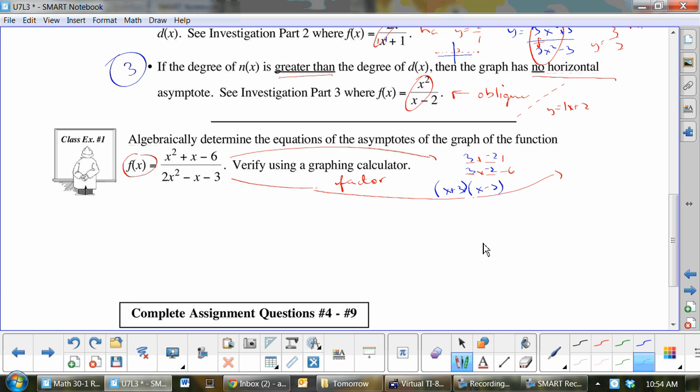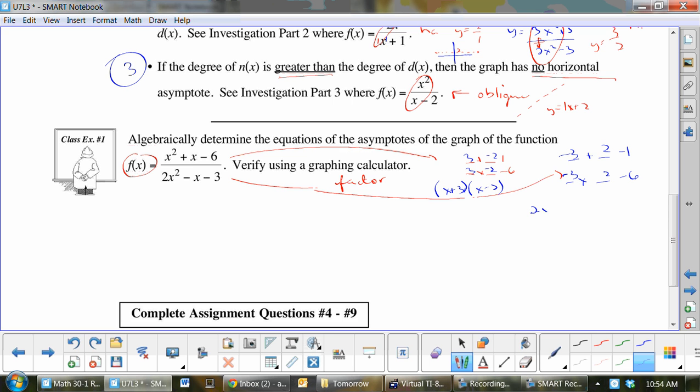Now the other one, I'm looking for two things that add to give me negative 1 and multiply to give me negative 6. What are they? So negative 3 and 2.